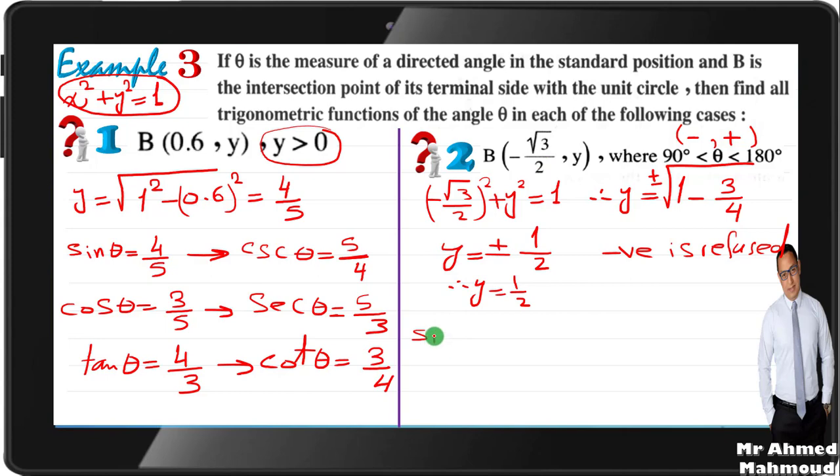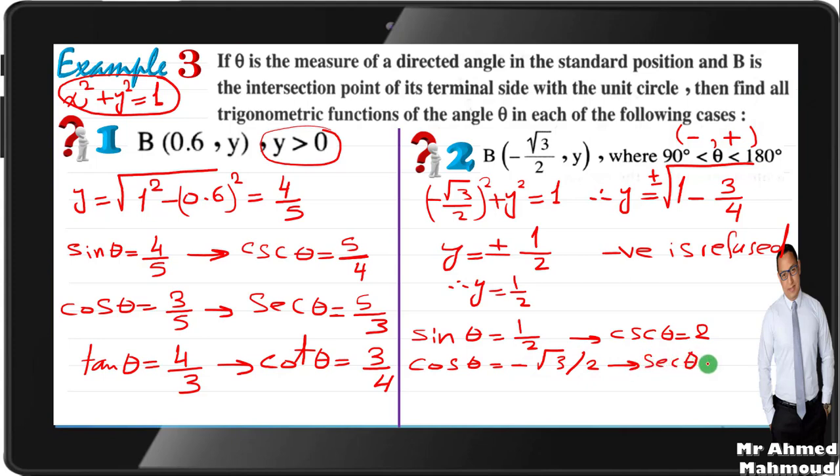Now sine theta equals 1 over 2 and cosec theta equals 2 over 1, which is 2. Cosine theta equals negative root 3 over 2 and sec theta equals the reciprocal, which is negative 2 over root 3.